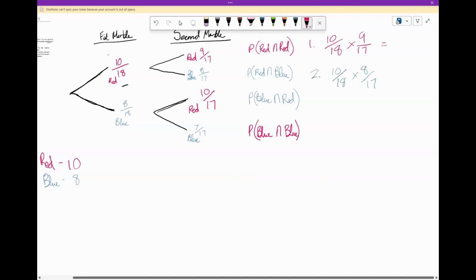Sorry, I forgot the one here. What does that give us? Then here, 3, we are saying 8 over 18 times 10 over 17. And here finally, we're saying 8 over 18 times 7 over 17. Cool.